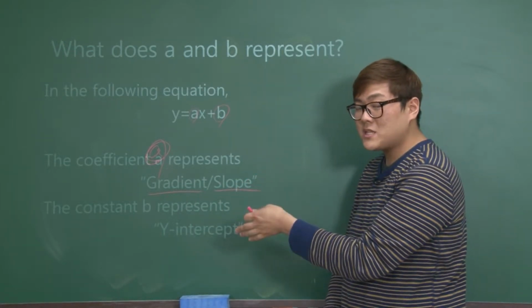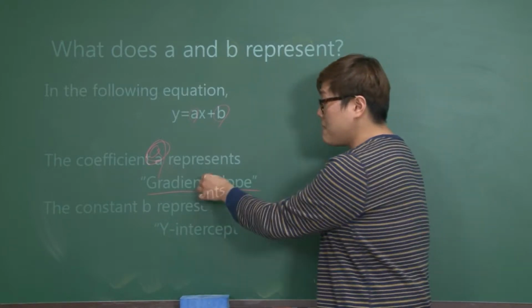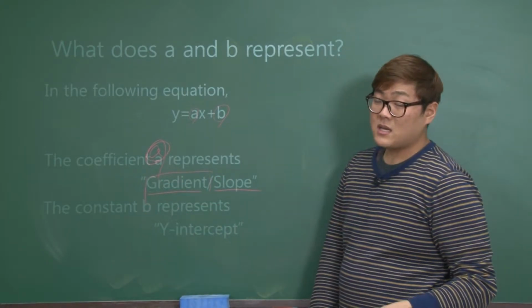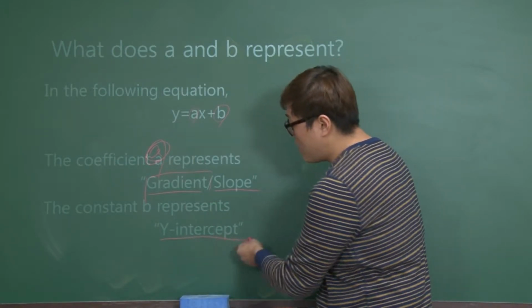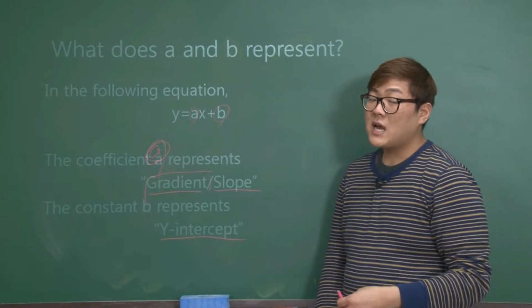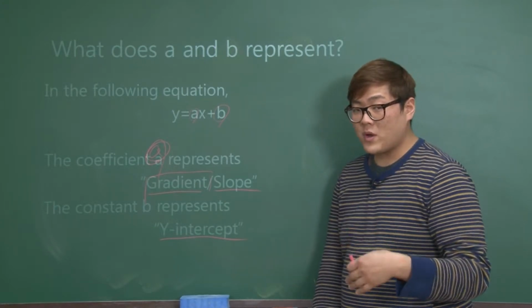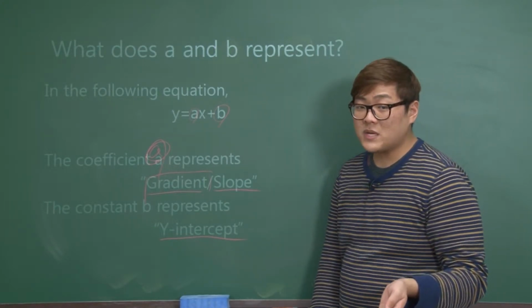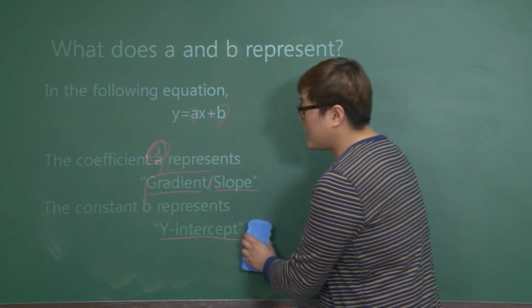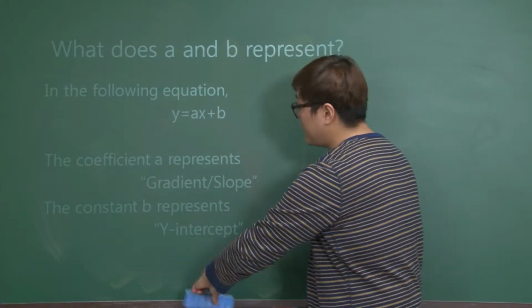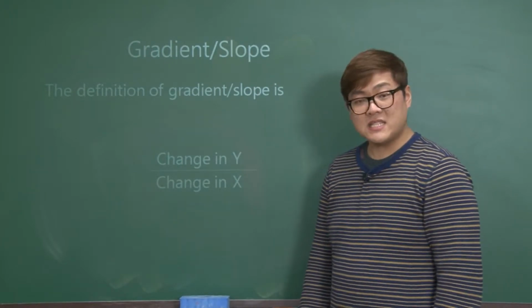For you guys, because you are in the IB course, keep in mind, just gradient. What is constant b? It represents the y-intercept. I'm pretty sure you learned it before, like in IGCSE, Algebra 1, or Algebra 2, but I'm going to go over this very briefly.